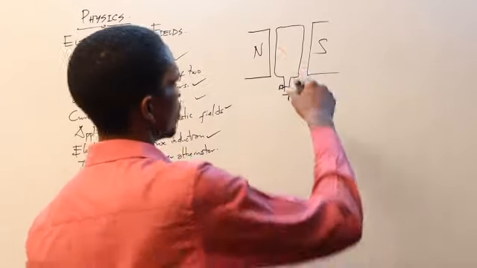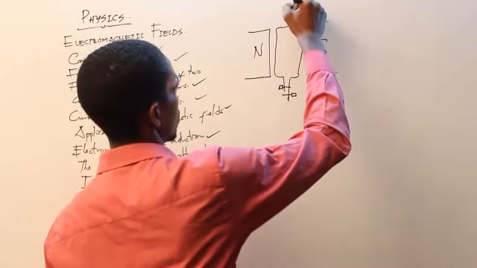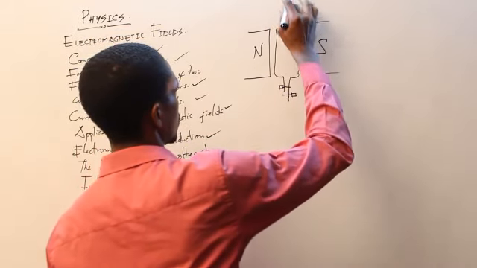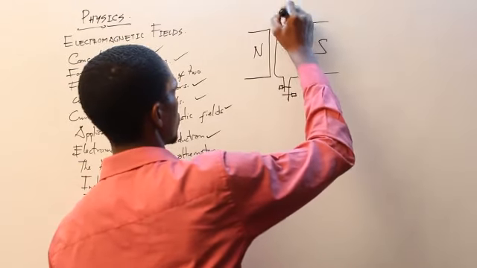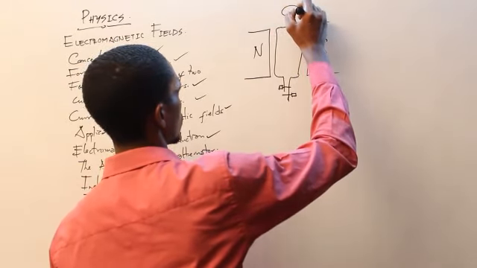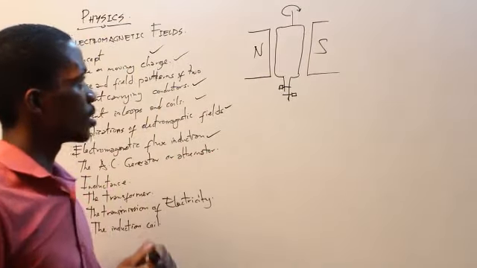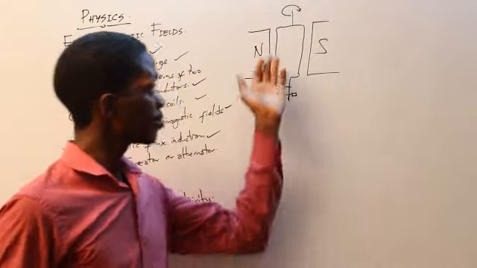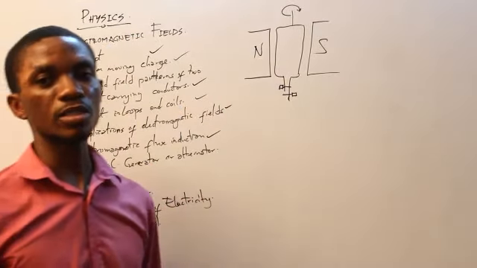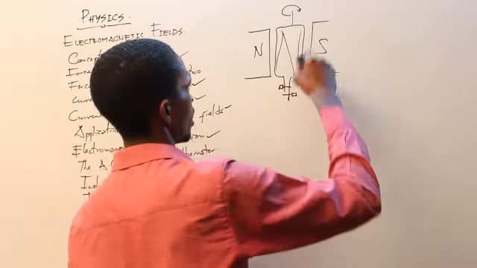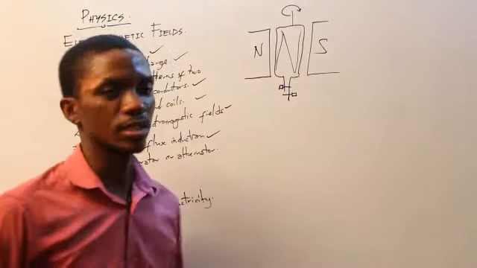As the armature is being turned, of course there are several windings, let's say N number of windings in it.